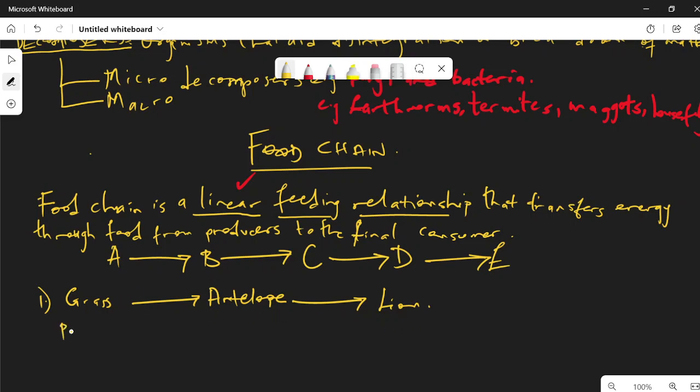Here we'll be having producer. Here we'll be having primary consumer, and this one will be what? Secondary consumer. So that is how that particular reaction is going to look.